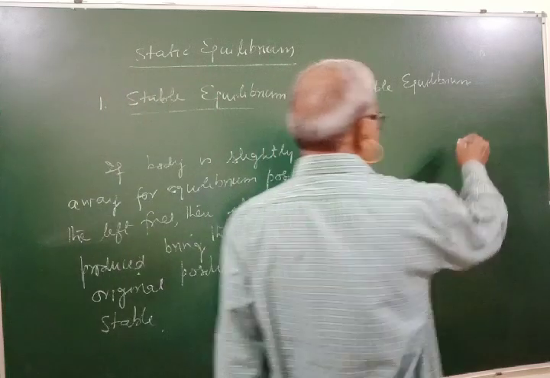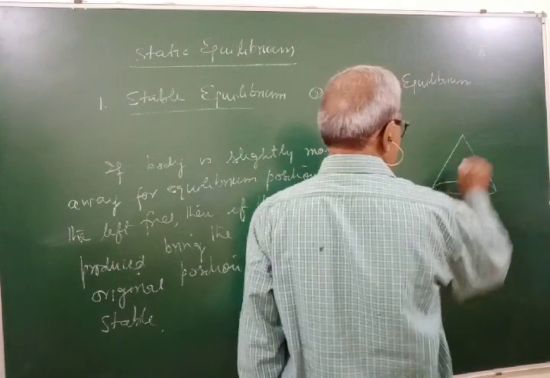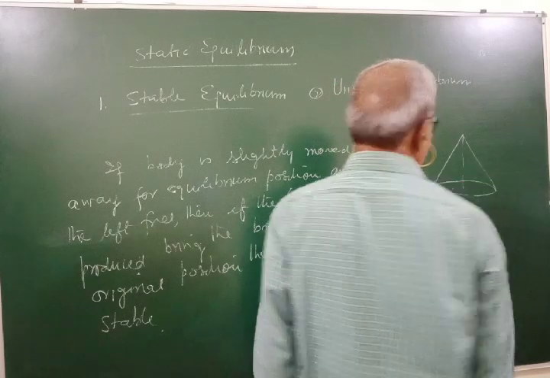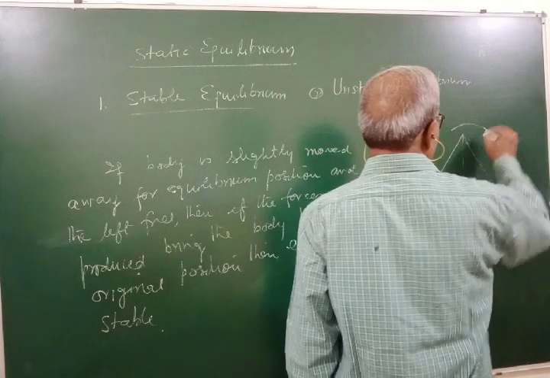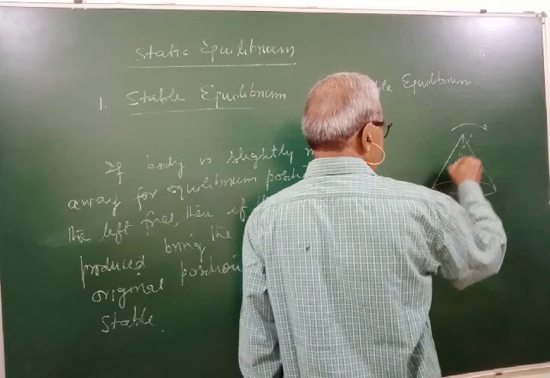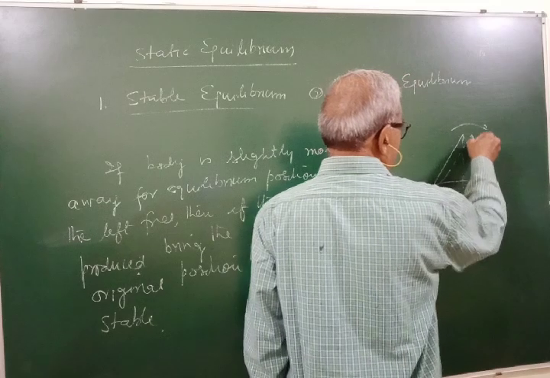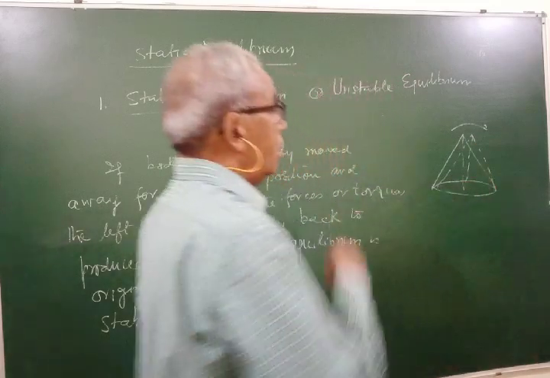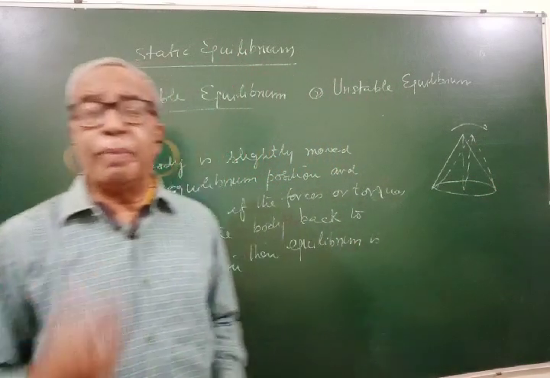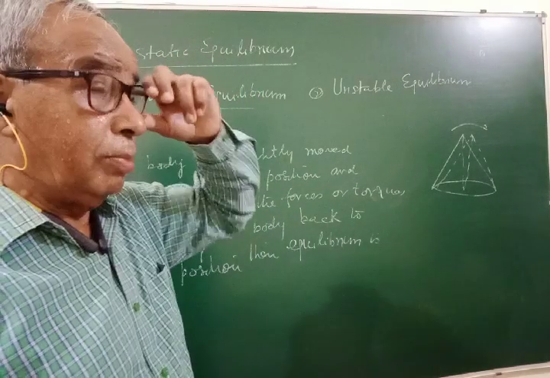You can see here, suppose a cone is placed here, and it will be in stable equilibrium about this condition. If we move it a little away from this condition, suppose it is gently tilted like this, on releasing it will return back to the original position. Then it is in stable equilibrium.